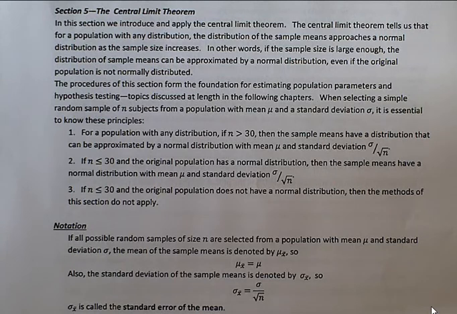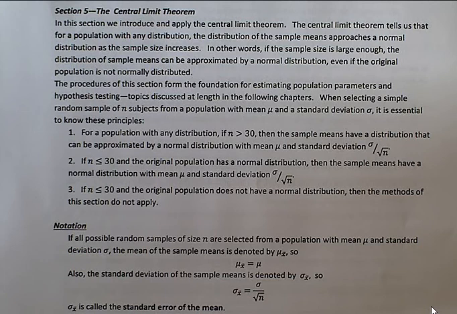Okay, so if the sample size is large enough, the distribution can be approximated by normal, even if the original is not normal. If the original population isn't normal, we can still treat it as such. And that's what makes this kind of powerful, is that we can tie in some things we know with a situation that, like I said, doesn't fit the parameters that we discussed earlier.